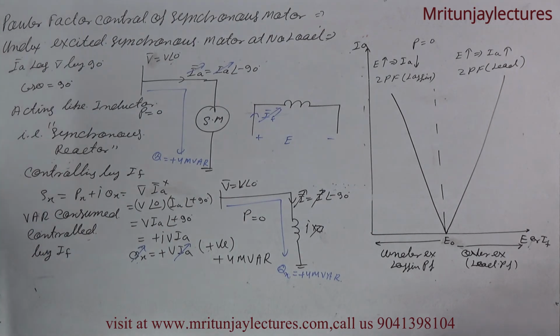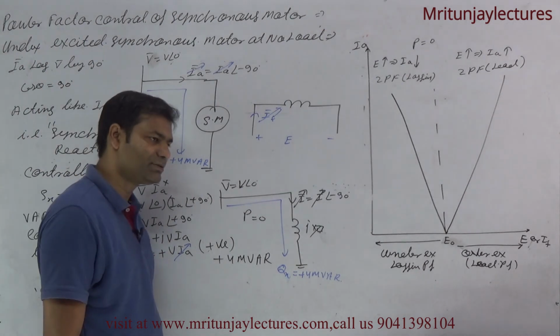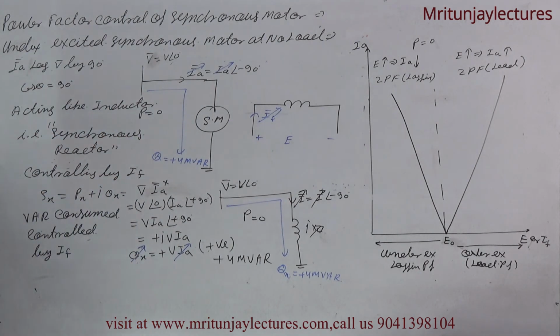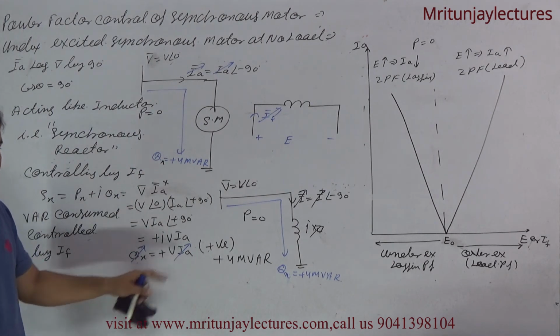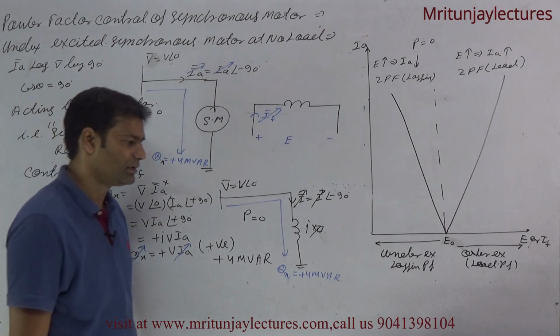If IF is changed, then IA is also changed, then Q and QX are also changed, because QX depends directly upon IA. Clear?